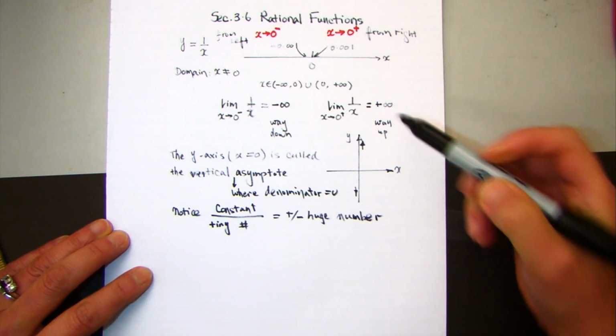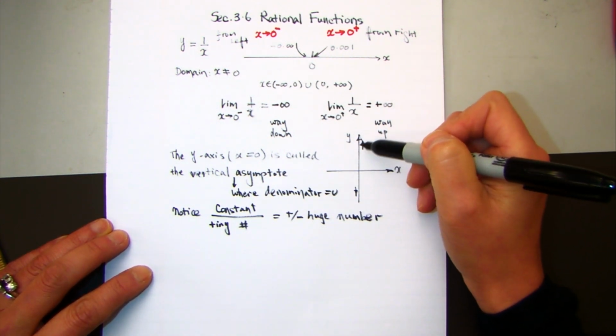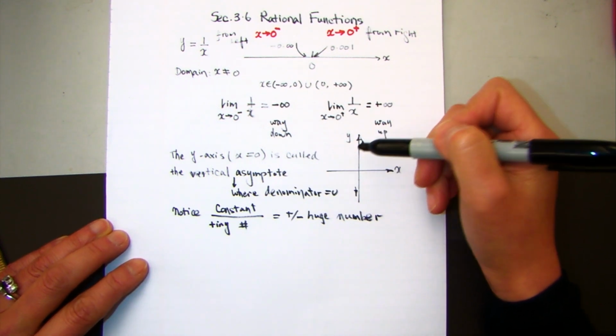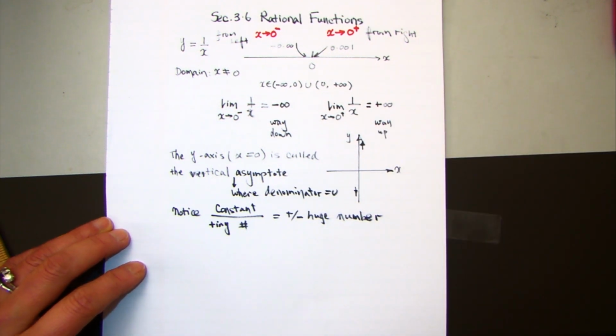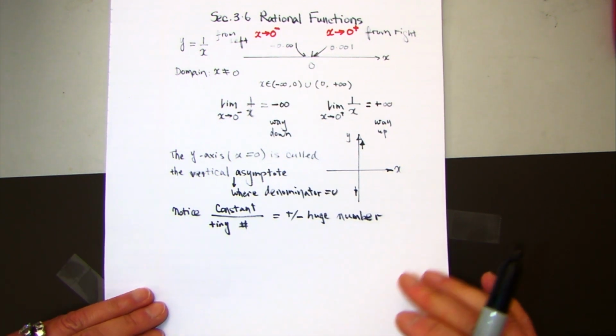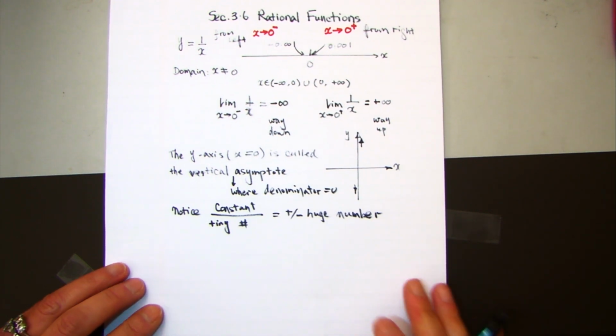Okay, all right. So what is a vertical asymptote again? Your graph will get really, really close to it, but will never touch it, never cross it. That is an asymptote.